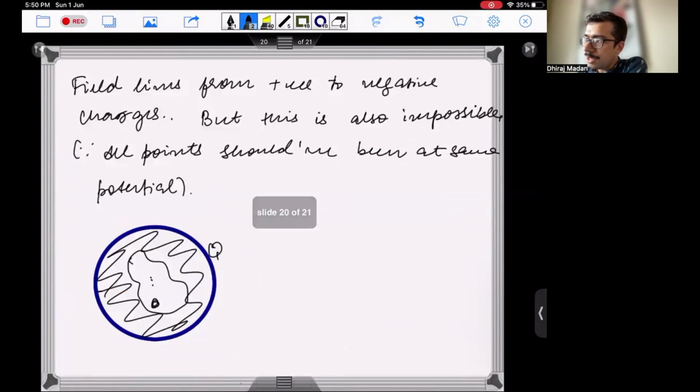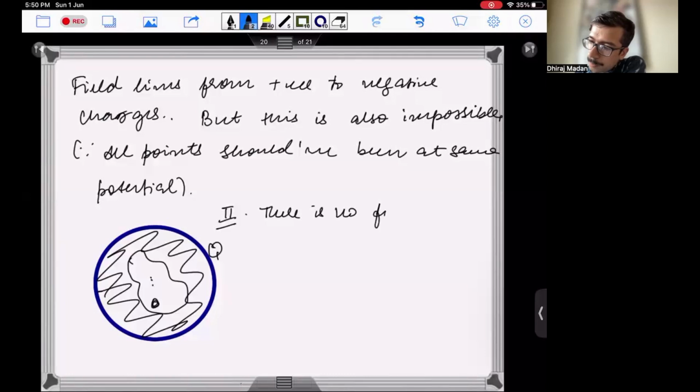So hence there can be no field. So we have computed the distribution of charges, and secondly, there is no field in the cavity, because if there is a field, there have to be field lines. Since the conducting medium cannot have any field, those field lines will have source and sink on the inner surface of the cavity, right?